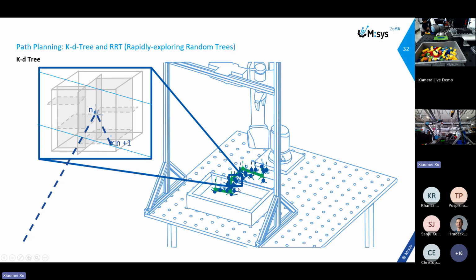Starting from waypoint n, the system constructs a k-dimensional tree within a confined search space. The size of the space can be adjusted to prioritize either faster collision-free trajectory planning or a more thorough search.